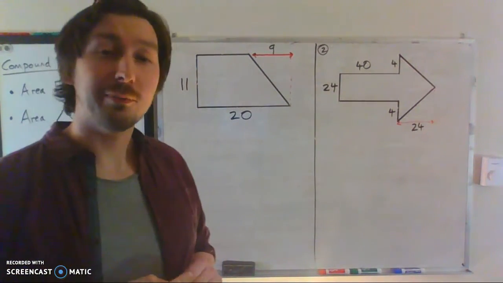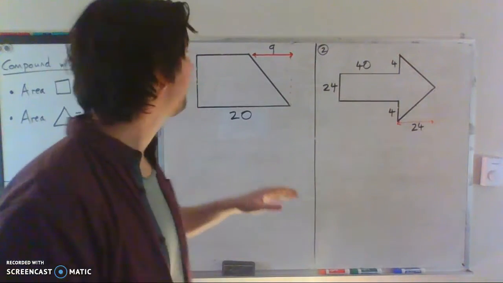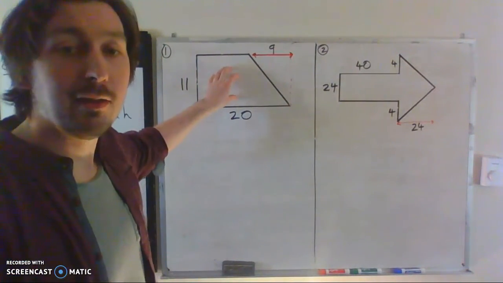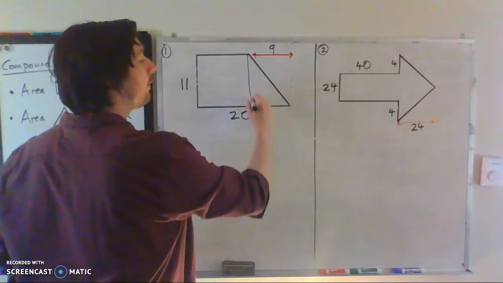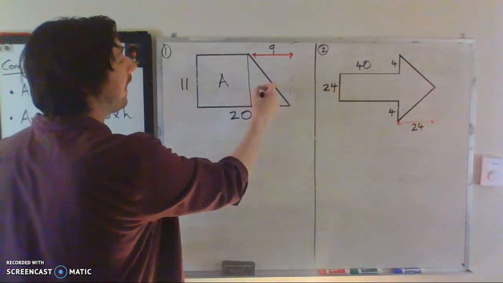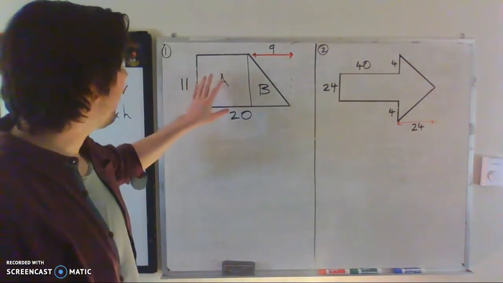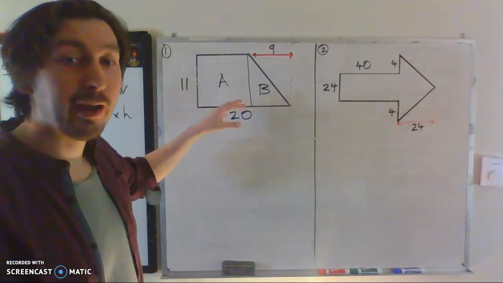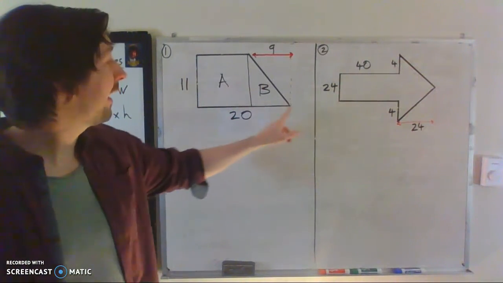I'm going to split this into two shapes. I think that's the easiest way to do this, is to look at this as a rectangle, and then this as a triangle. So I've got part A and B, similar to how I had last time. I need to find another side for part A. You see how 20 is the whole length of this thing?